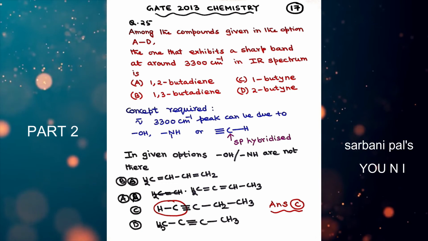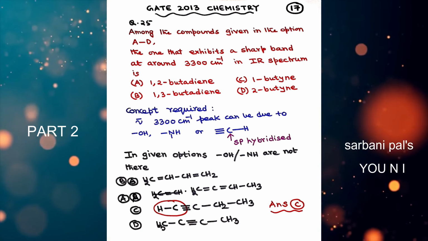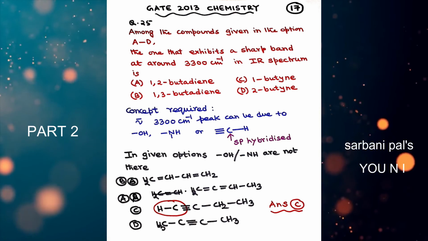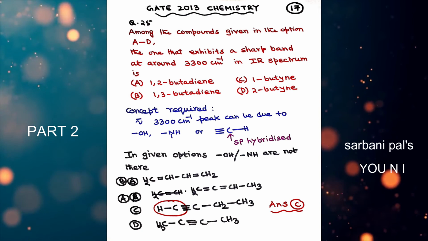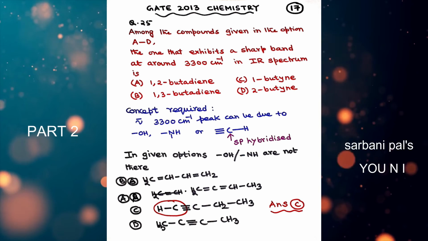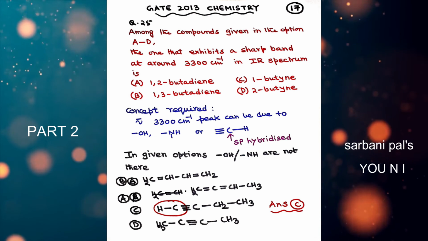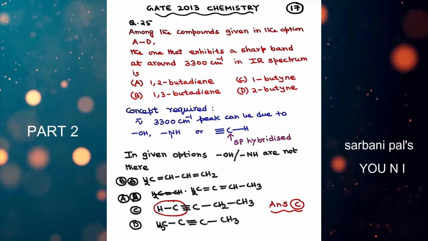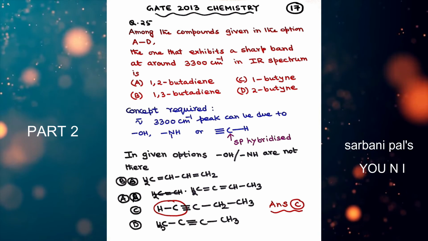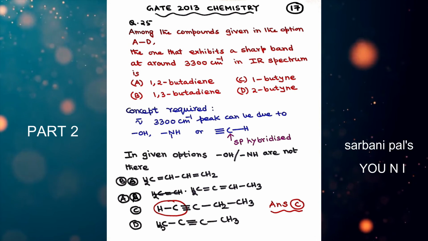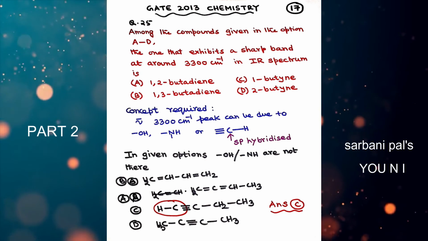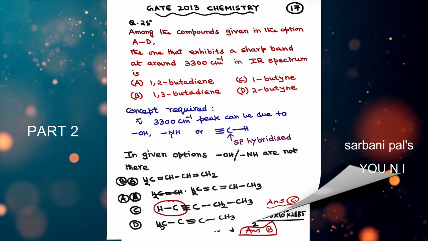So we have to find out in the given 4 molecules where we have the triply bonded CH, or in other words which of these molecules represents a terminal alkyne. If we see structures A, B, C, D, then it is structure C which is a terminal alkyne. Another alkyne is also there in option D, but it does not have the triply bonded CH, so our final answer is C.